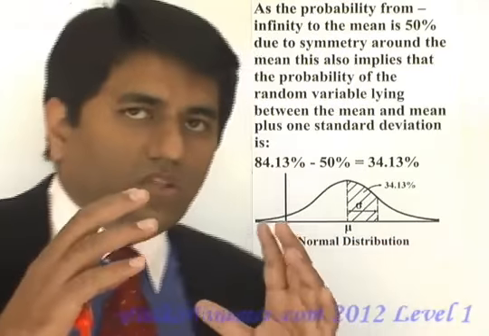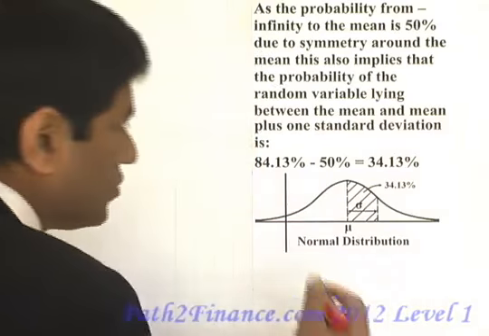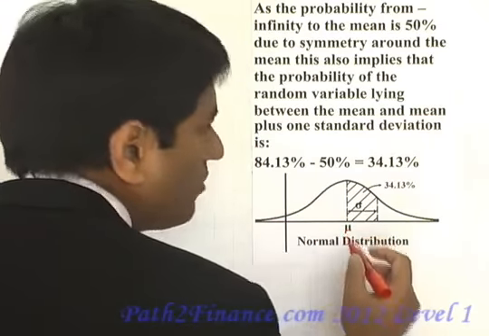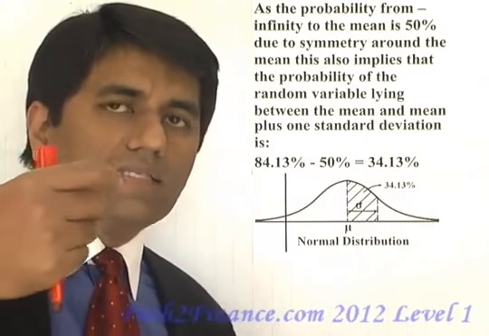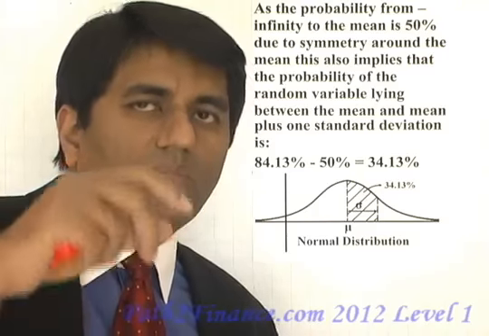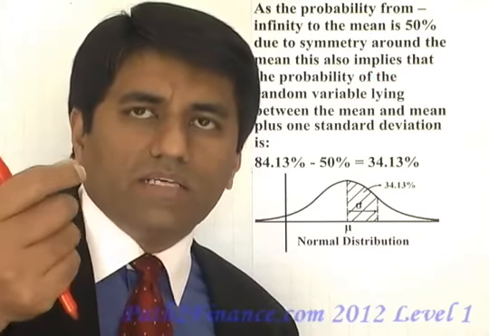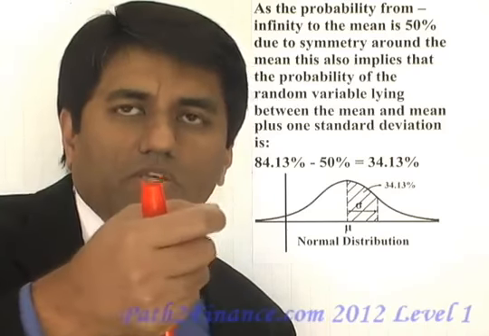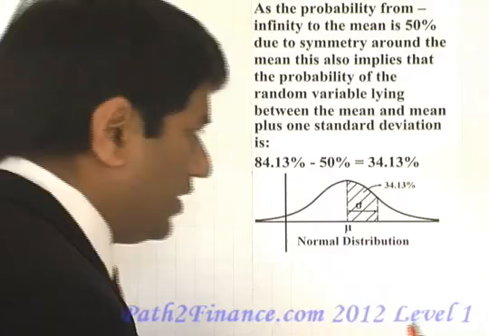Now remember that the normal distribution is symmetric. Around nu, it is symmetric because nu has a z value equal to 0, because z is found by value of variable minus nu. If the value of variable is nu, then it will be 0 divided by standard deviation, so still 0.